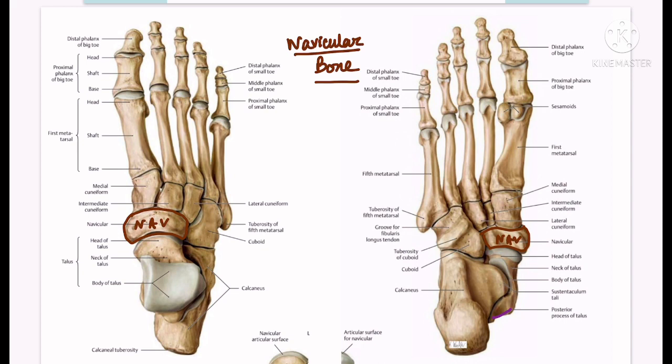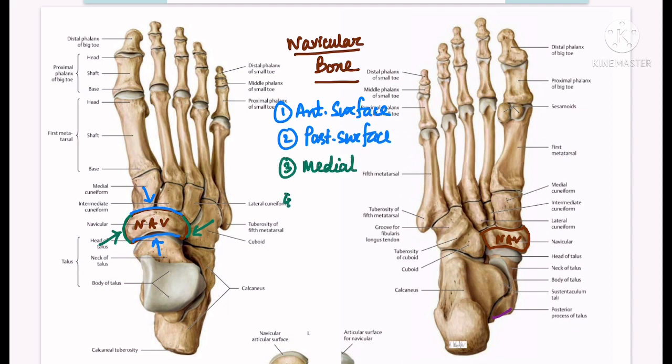The navicular bone presents 6 surfaces: number 1, the anterior surface; number 2, opposite to it is the posterior surface; number 3 and 4, the medial surface and the lateral surface; and then 5 and 6, the dorsal surface and the plantar surface.